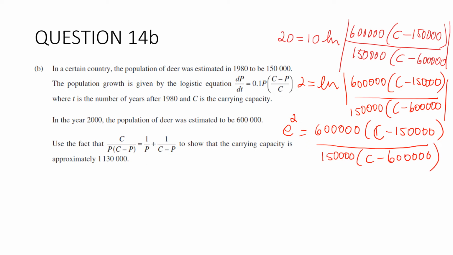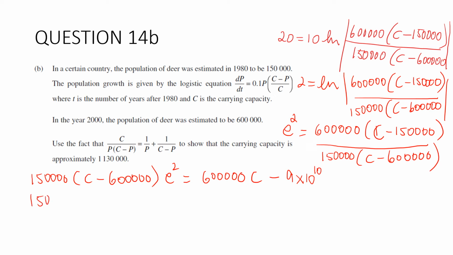Okay, so we get 150,000 (C take 600,000) e squared is equal to 600,000 (C take away 150,000). 600,000 times 150,000, watch all those zeros, equals 9 times 10 to the 10.